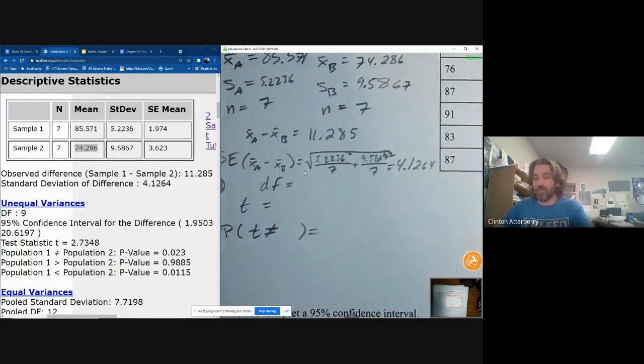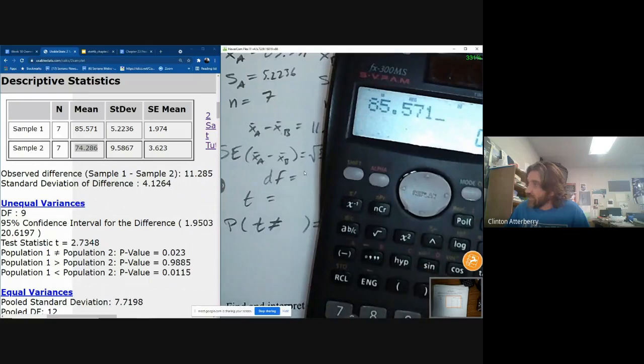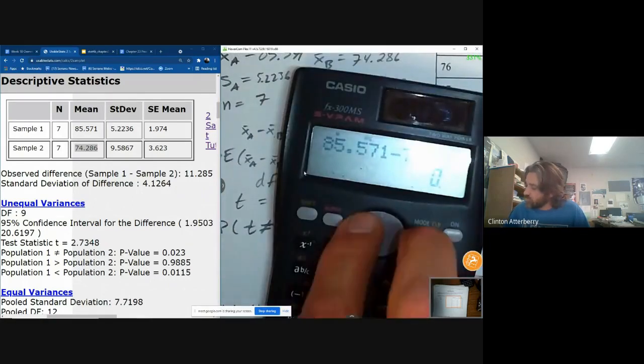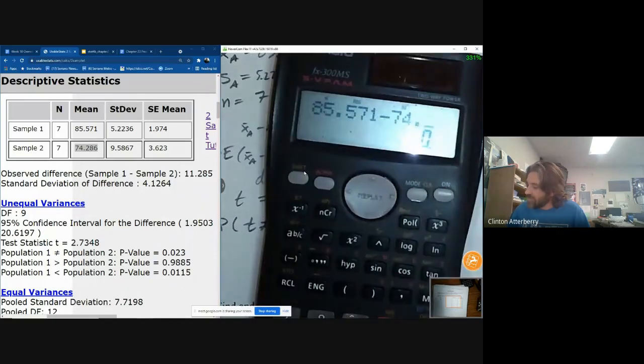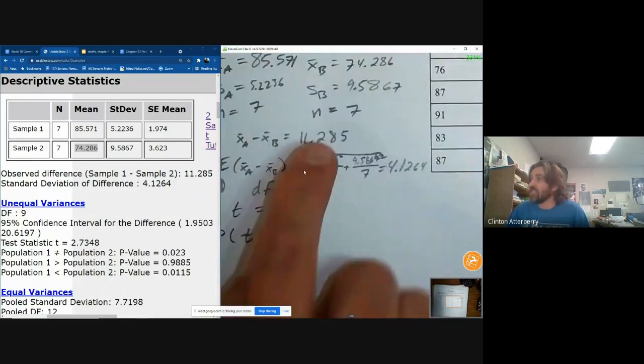So I'm just going to verify real quick before we get too heavy into it. It's always kind of good to verify where you can. I could take 85.571, take away the 74.286, and that'll give me that 11.285.